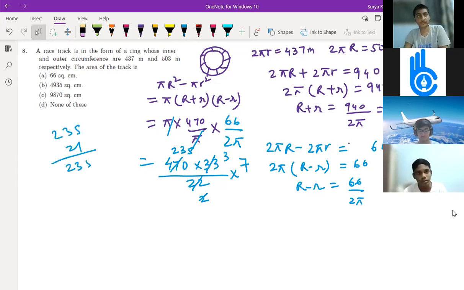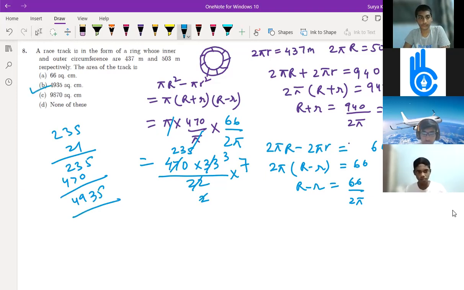So 235 times 2 is 470. So the answer will be 4935. Answer will be only B. Is it clear, Rasool?